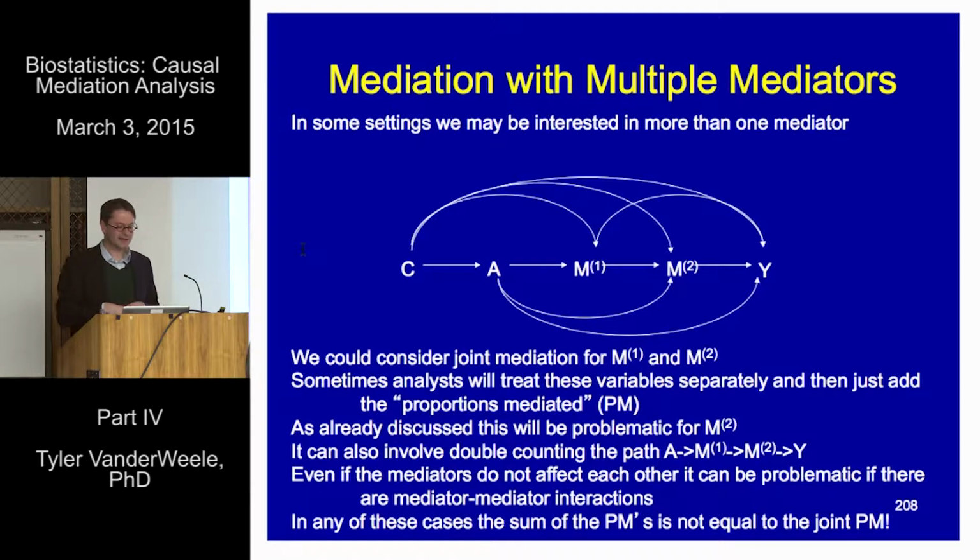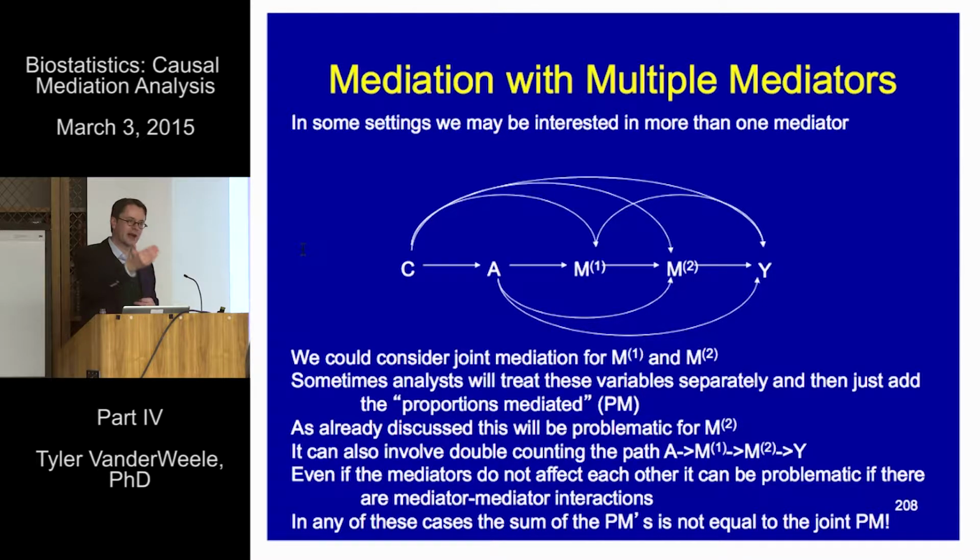And that's the case that can arise if there are mediator-mediator interactions in the effects on the outcome. It's analogous to the fact that in the presence of interactions, if we're looking at the proportion of the effect attributable to different exposures, the proportion attributable to each of the exposures, if we sum them all up, can far exceed 100%.